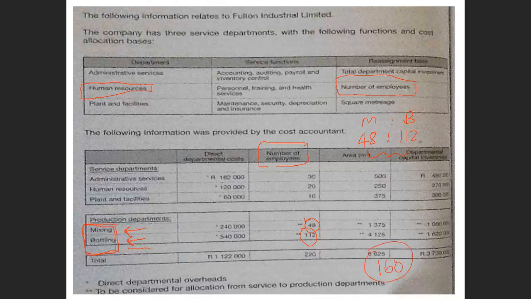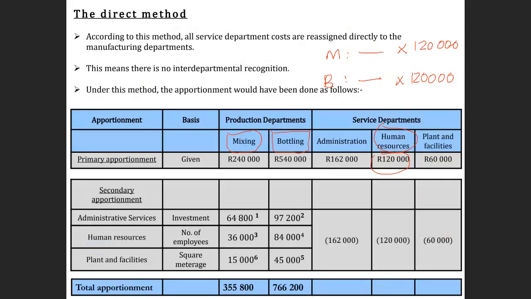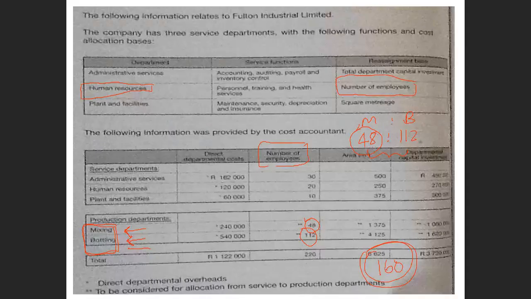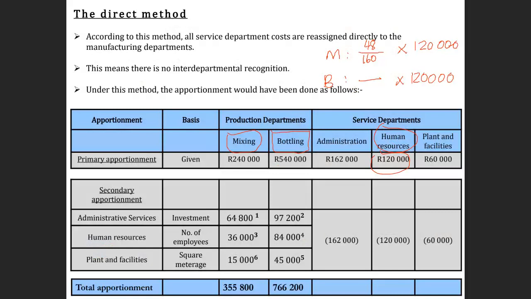So now we're going to say mixing is 48 out of the 160. So we'll write it here, 48 out of the 160. And the bottling is 112 out of the 160. So again, you'll write that here, 112 out of the 160.